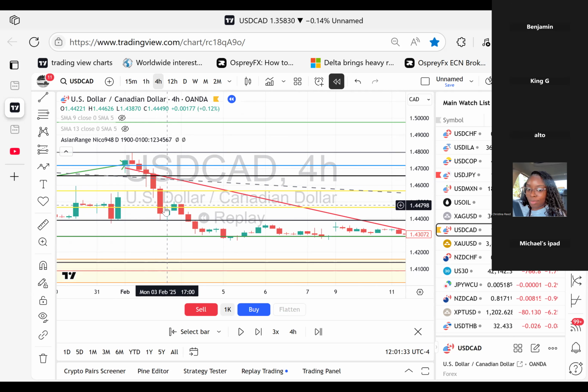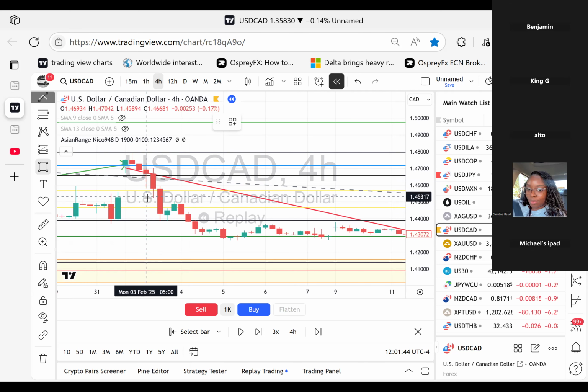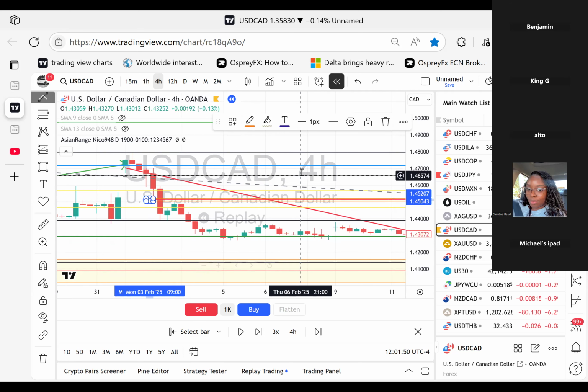So this is called an imbalance. And even when this price goes up this high, it doesn't touch this wick. So if I put a box around this area, this is where I expect the market to come back to, and I could take a sell trade from this area right here. Does that make sense?